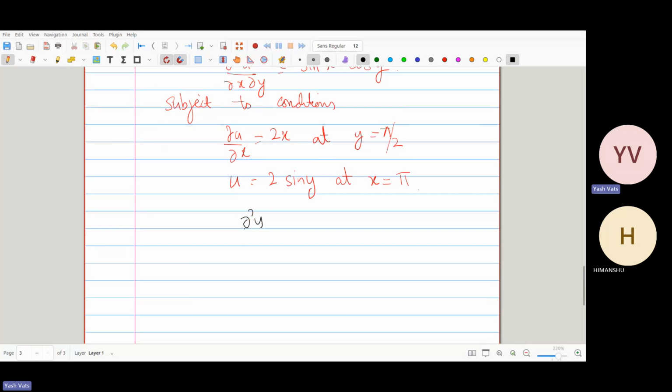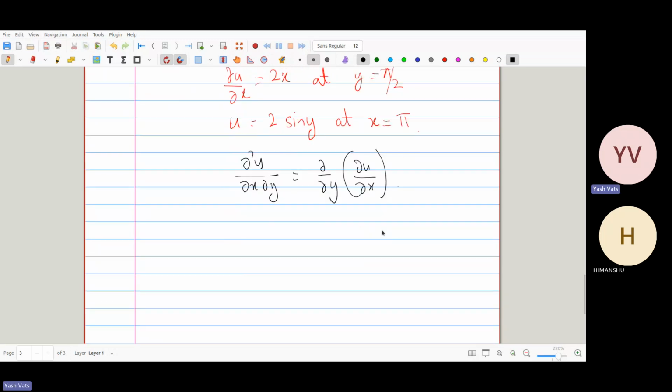So del squared u over del x del y is just del over del y of del u over del x, right? I can write it like this. So you have to integrate with respect to y. So integrate first with respect to y. So what do you get?